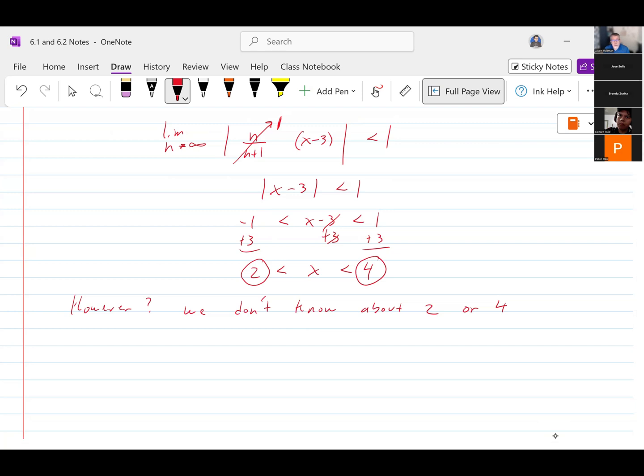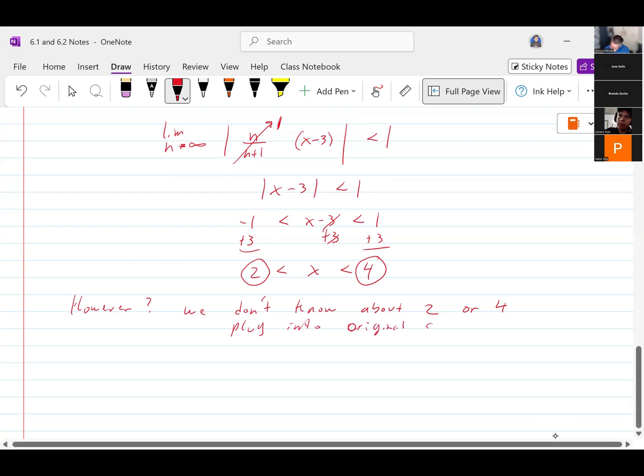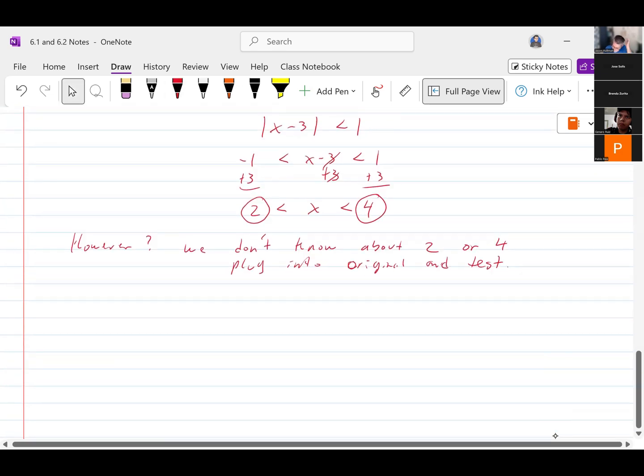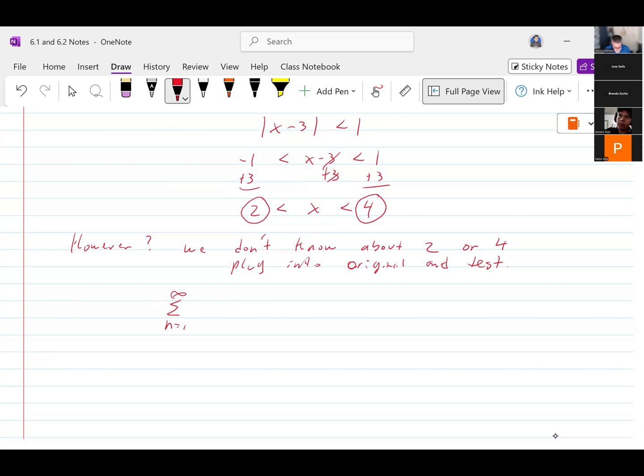So what I'm going to do is plug those back into the original and test. Well, what was the original? The original was the sum from n equals 1 to infinity of (x minus 3) to the n over n.